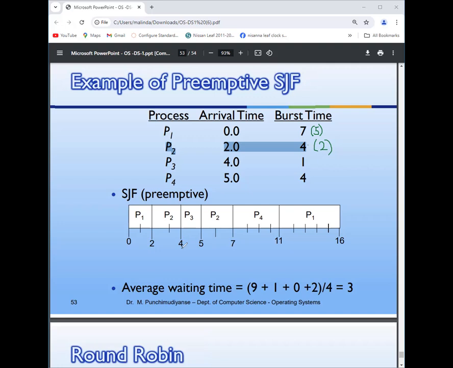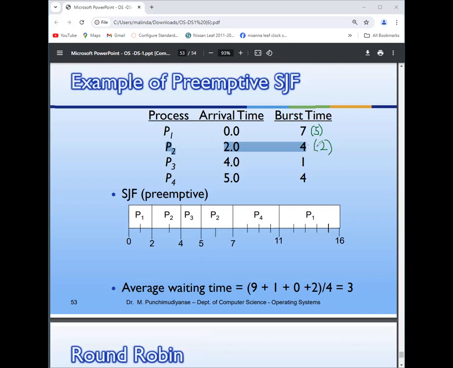Right. From the 4 millisecond, P3 starts running from time equals 4. So it completes at time equals 5, P3.